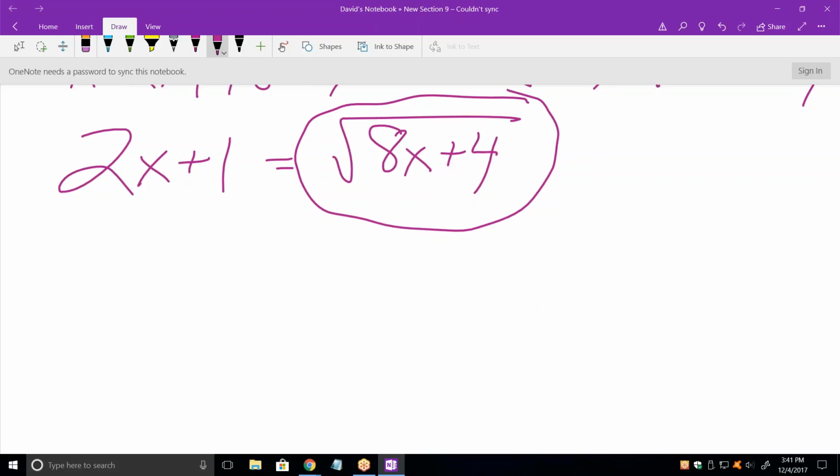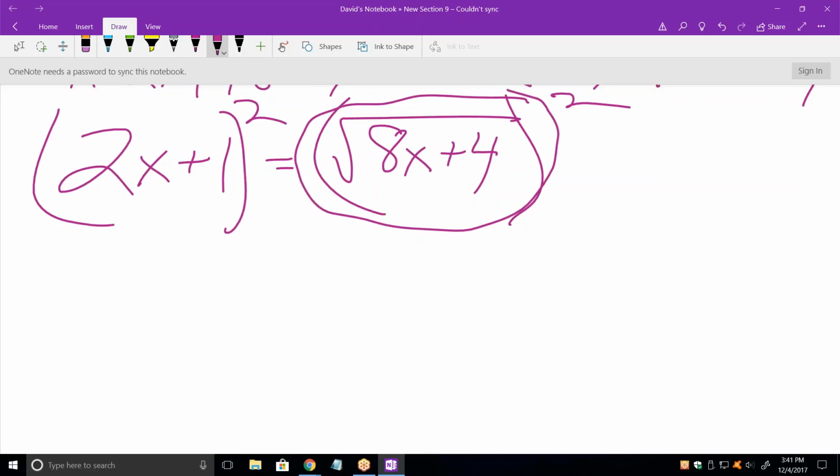And then what are you going to do? Set the other side equal to 0? No, you're going to square both sides. If we're taking the square root and we square it, we'll end up with 8x plus 4. I basically square that side, which means I got to square this side.